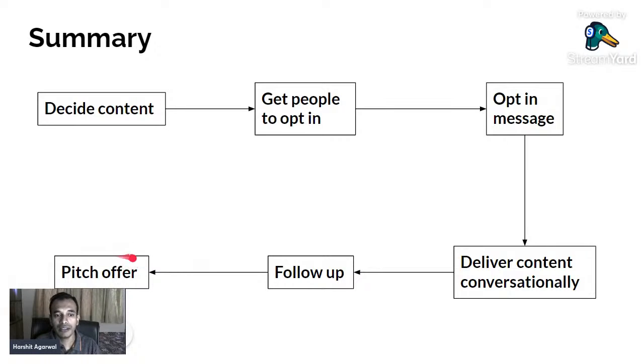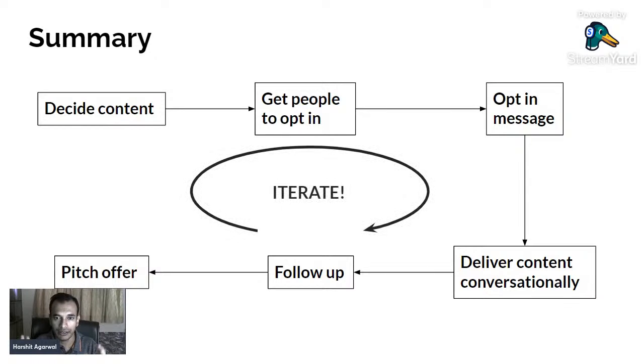And then finally, the offer is pitched in the last step. And you have to iterate through this entire flow to improve the conversion rate. So that was the entire system to deliver a lead magnet conversationally and improve conversion rates.